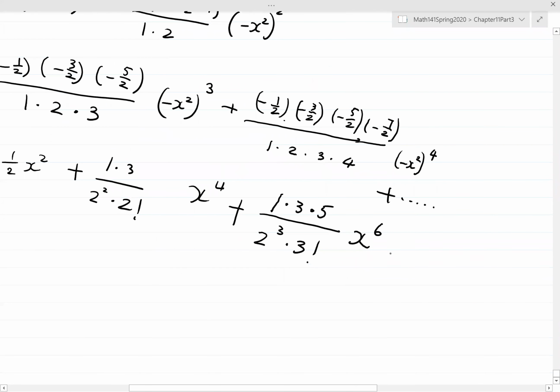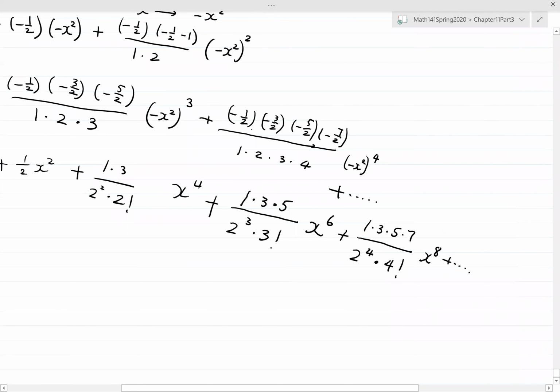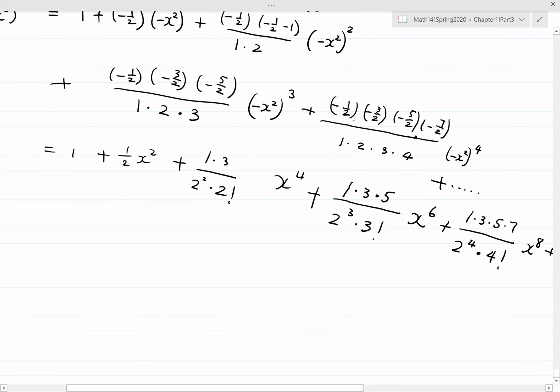Then 1 times 3 times 5 times 7 over 2 to the power 4 times 4 factorial, x to the power 8, etc.